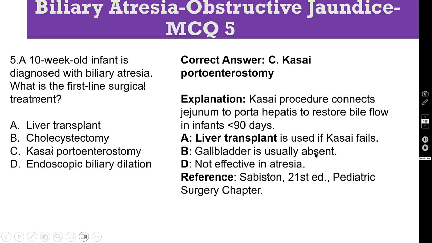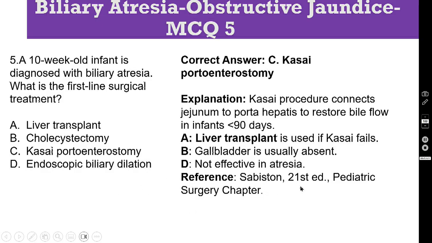Cholecystectomy: gallbladder is usually absent, because it is not developed at all. And C is the correct answer. D is endoscopic biliary dilation, but because it is atretic, we cannot do dilation of the biliary ducts. So it is not effective. Cannot be done at all.